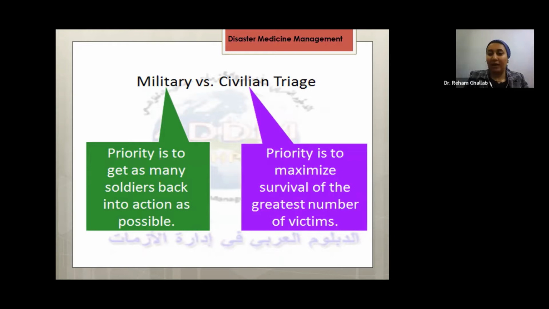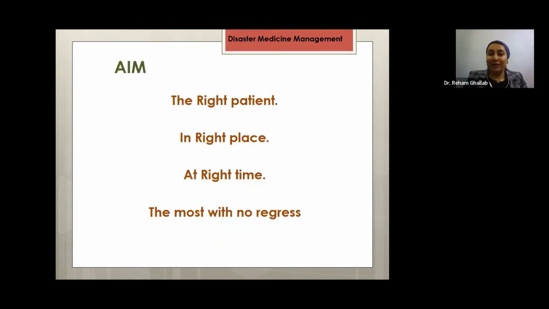The aim of triage, as I told you in the last presentation, is to put the right patient in the right place at the right time, which is the most important statement, with no regrets. In a disaster, we may have a lot of victims.